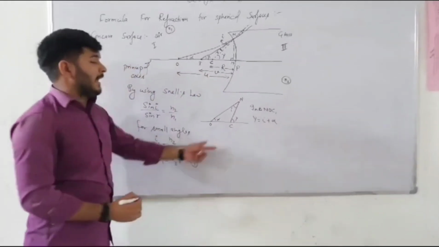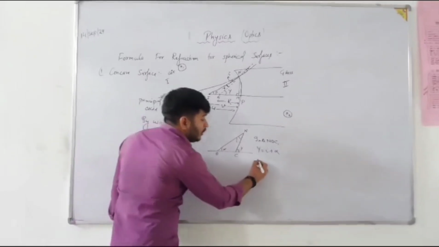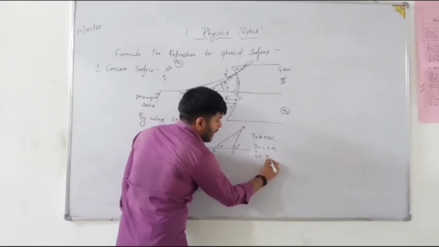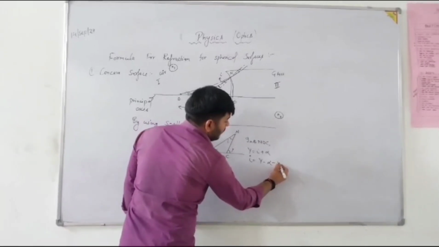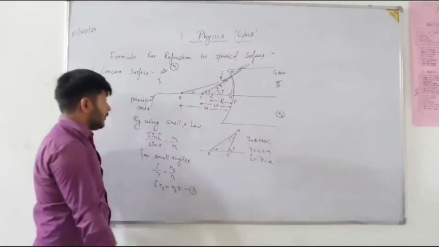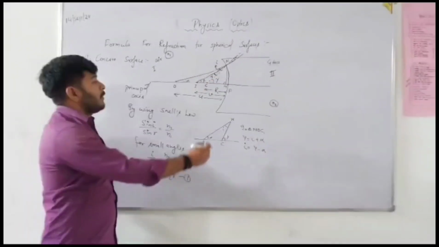This is the property of the exterior angle: the exterior angle is equal to the sum of the two interior angles. Then the value of I will be gamma minus alpha. We will call this an equation later. Similarly, we have to find the value of angle R, which is here.